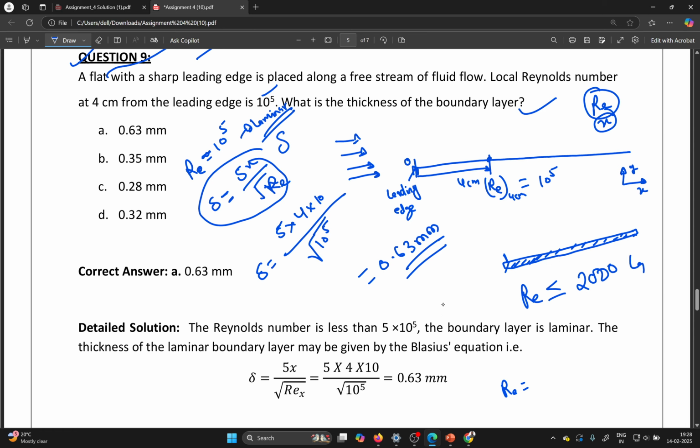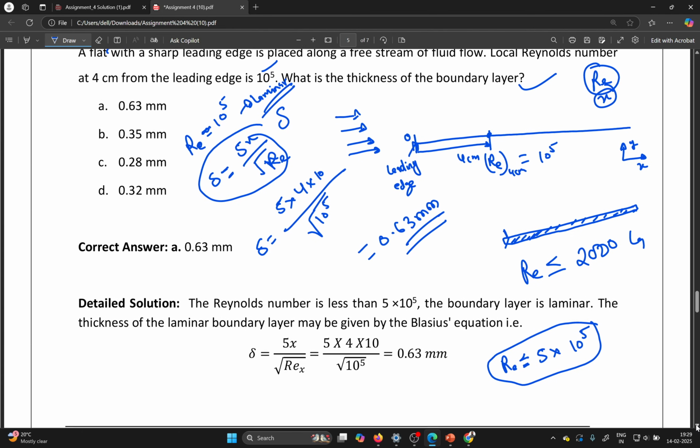But in case of flow over a plate, the Reynolds number for laminar flow should be less than or equal to 5 into 10 to the power 5. Remember please, important. Hope you got it. Now we'll move on to the next question.